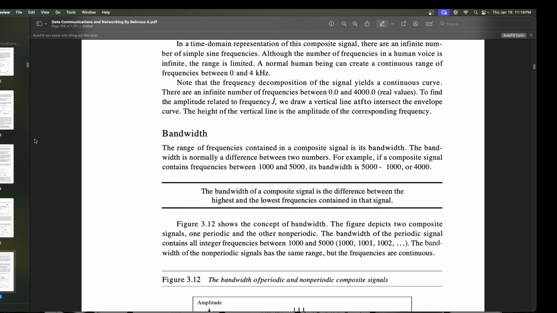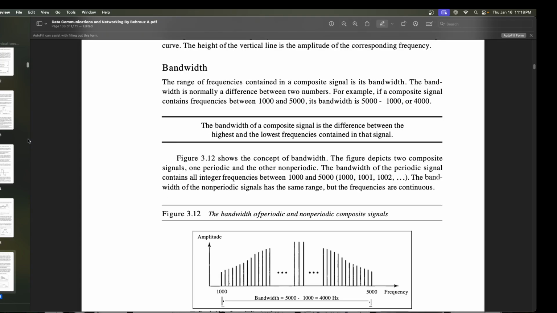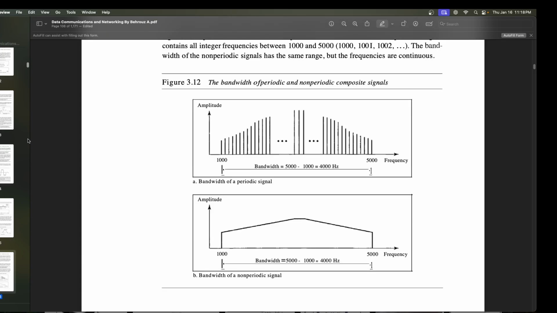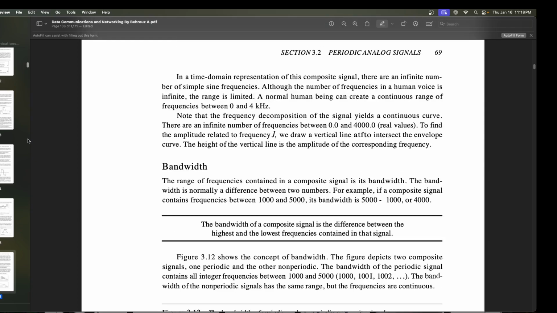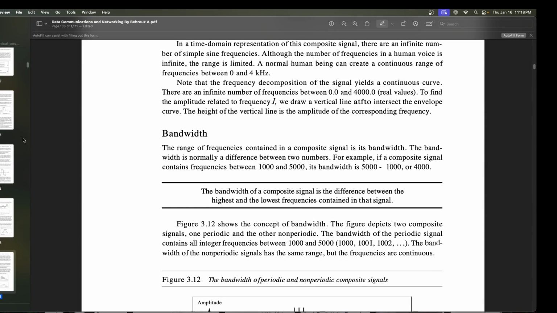Why is this something so talked about? Every time you have some issue with the internet, you say, is my bandwidth good? Am I having the correct bandwidth? Why do we talk about bandwidth?